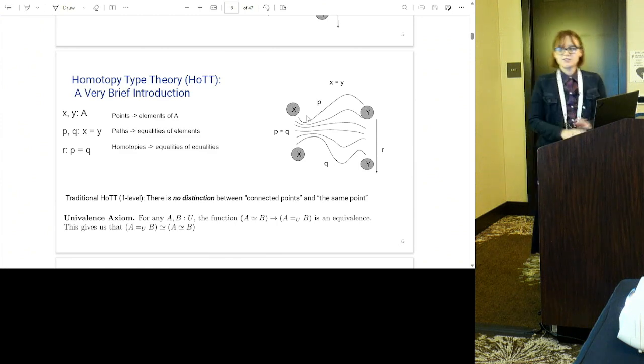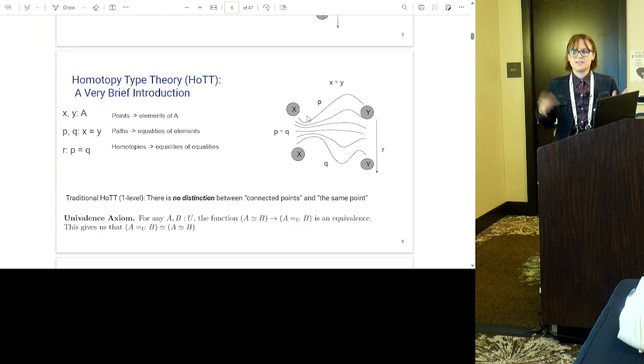In traditional one-level homotopy type theory, there is no distinction between 2 points that are connected and 2 points that are the same exact point. So X equals Y and X equals X is the same thing, even though that might not really be what you think in your head.